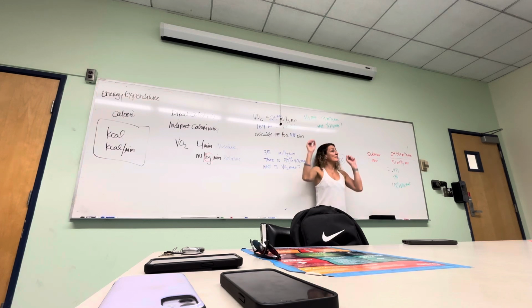But per kilogram, same for both people. So, one person's struggling and one person is not. That has to do with how close to their max they are, right? If you're exercising at an intensity that requires 30 milliliters of oxygen per kilogram of body weight, and your max is 35, you're going to be struggling. If you're working at 30 and your max is 50, it's going to feel easy, okay?